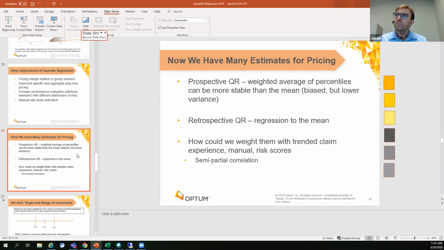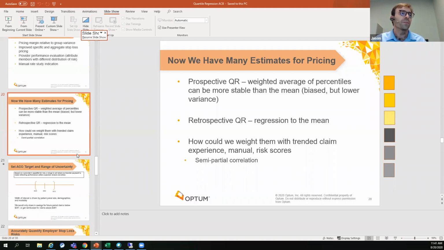But you can see how that opens up a lot of other interesting statistical problems that we really haven't even scratched the surface of. What's the right weight to give to those estimators? How correlated are they with each other? And how do you avoid double counting when you're looking at prospective rates?